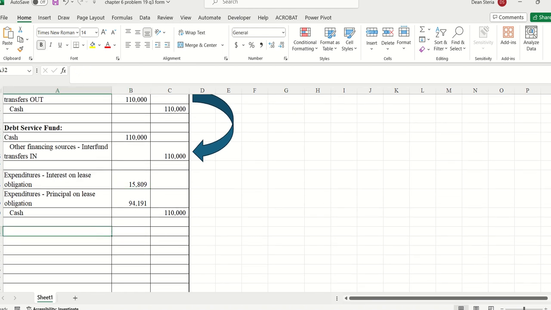Now let's go down to governmental activities. And remember, we received the cash, and it's a program revenue.